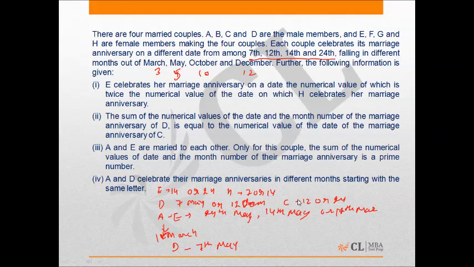From here, it can be concluded that C celebrates his or her marriage anniversary on 12th, and D and H celebrate their marriage anniversary date on 7th May.